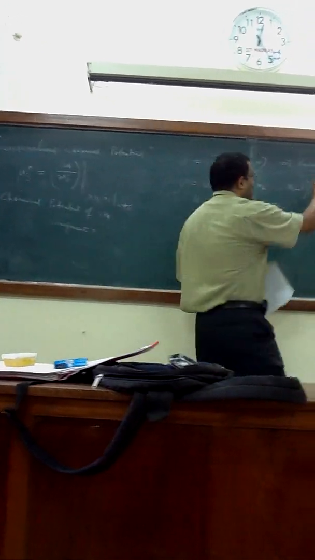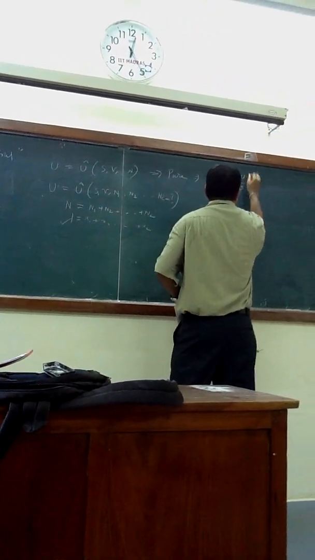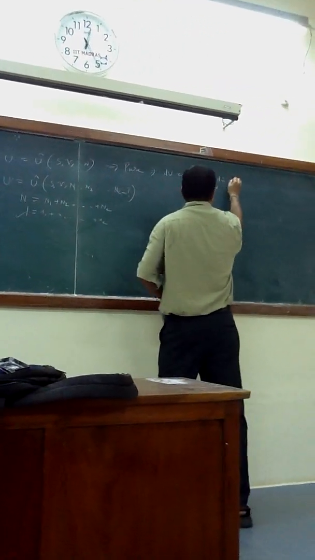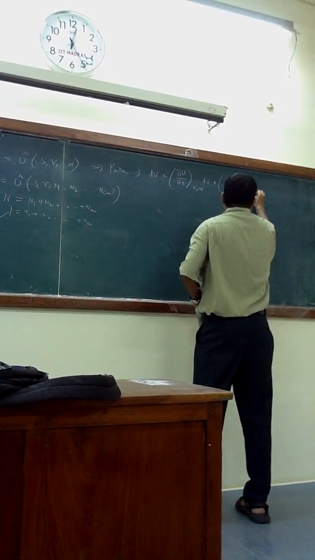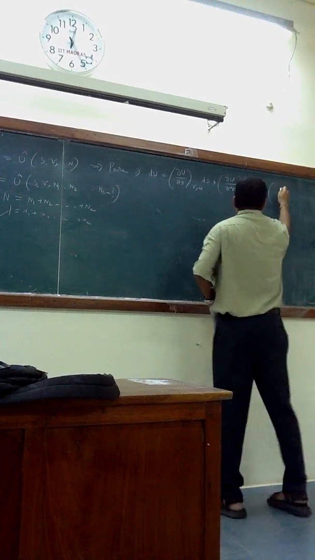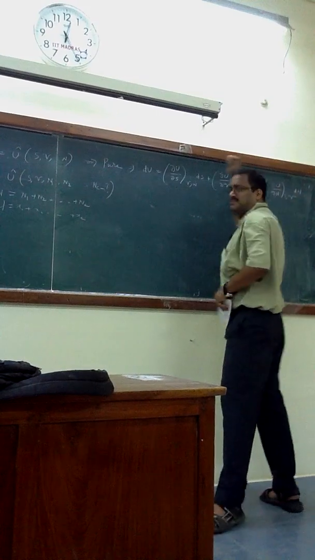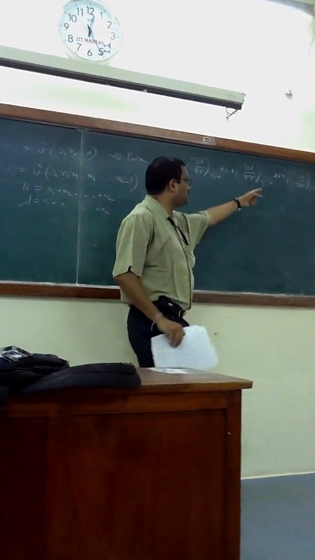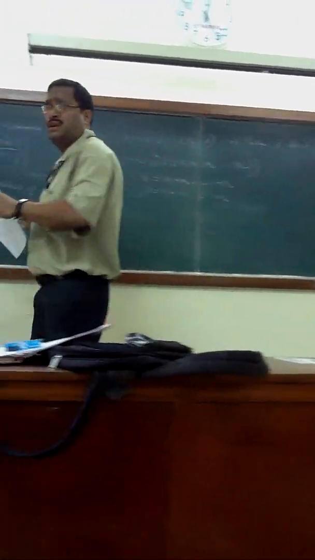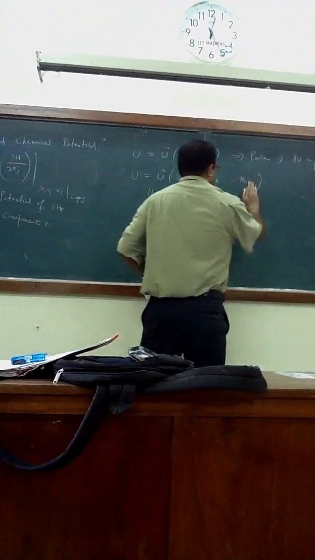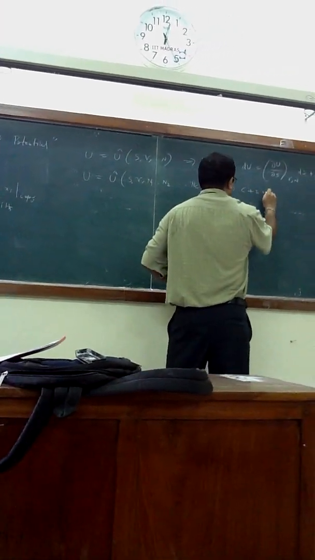And that's why in a pure substance we write dU equals ∂U/∂S at V, N dS plus ∂U/∂V at S, N dV plus ∂U/∂N at S, V dN. Why am I writing this? Because N is unknown. So how many total variables will be there? So the total number of variables is C plus 2.